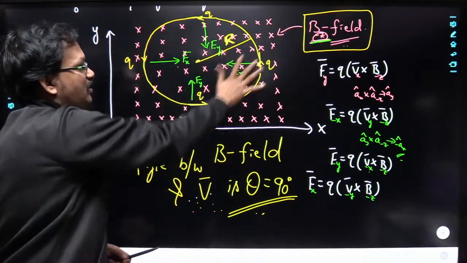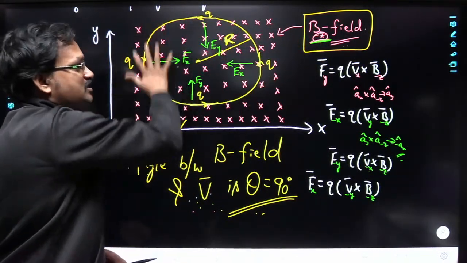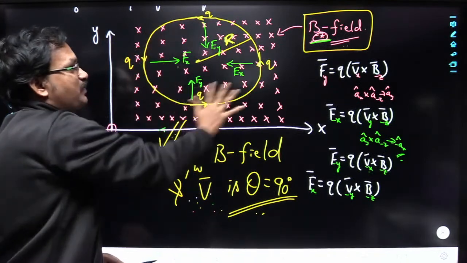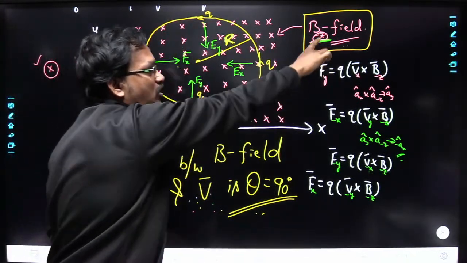So this is the plane in which it is tracing the circular path. This plane is perpendicular to B field.